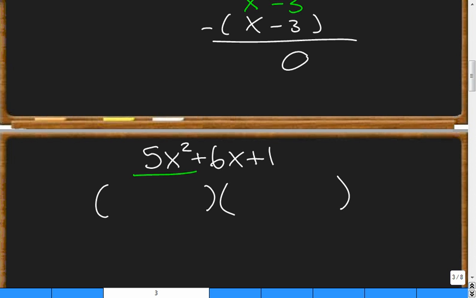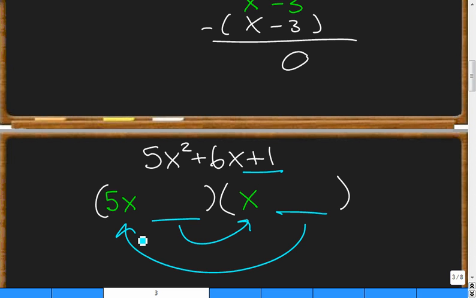We're not dealing with fractions, so we're just going to do 5 and 1. Since we have an x squared, we're going to have 5x and 1x, or just x. We then need two numbers that multiply to make 1 that are going to add up to make 6x total. Well, you should see that this is going to be a positive 1 and a positive 1.